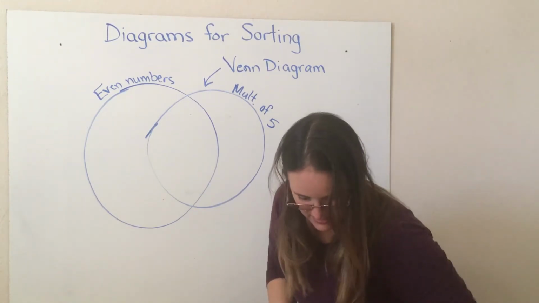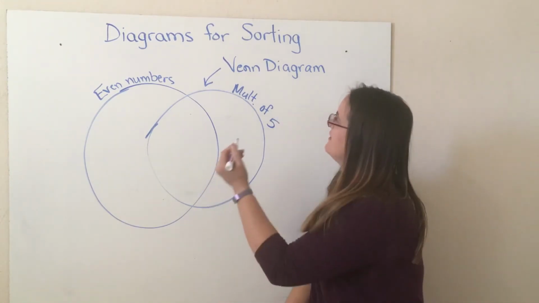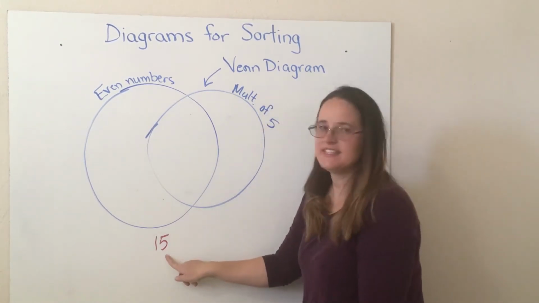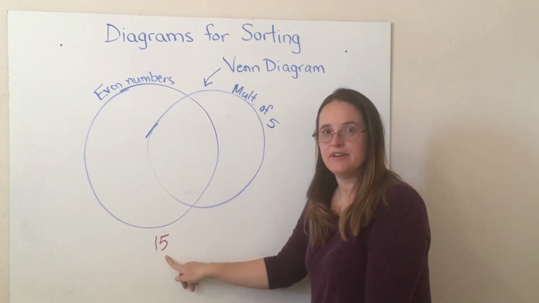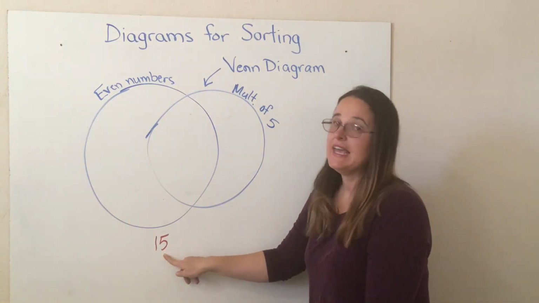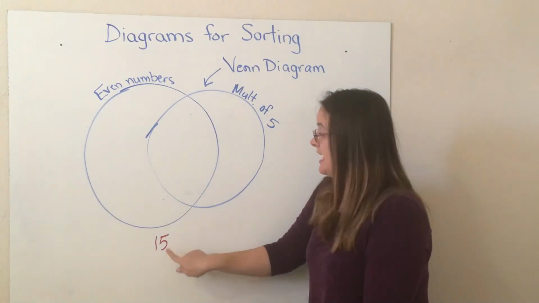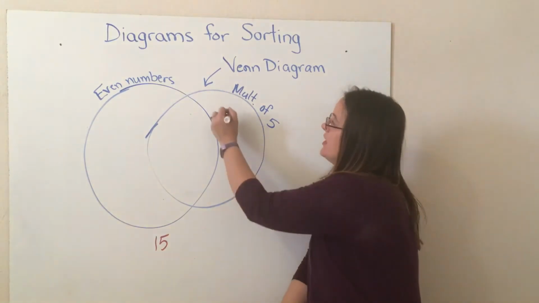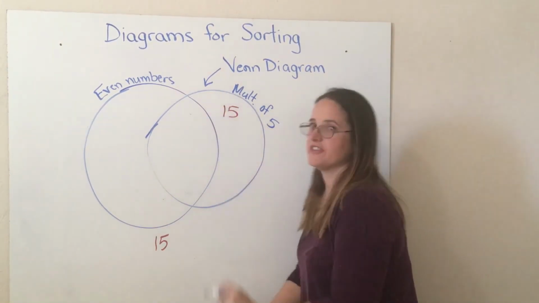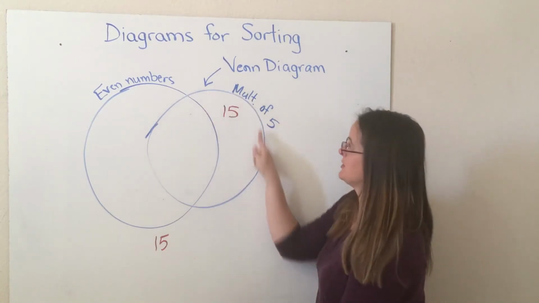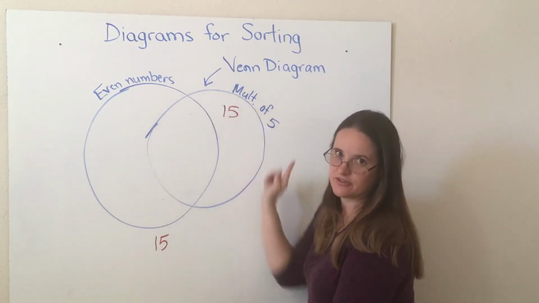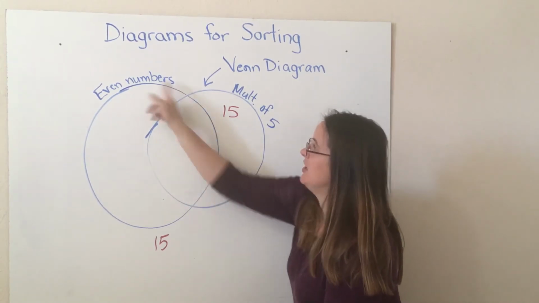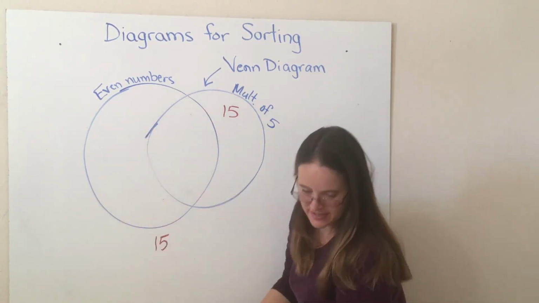So let's take a look at our first number, 15. Is 15 an even number? Ends with 5. It's not even, it's odd. Is 15 a multiple of 5? Yes, it is. So 15 is going to go over here because it is a multiple of 5, so it belongs in this circle. But it is not an even number, so it doesn't belong in this circle.